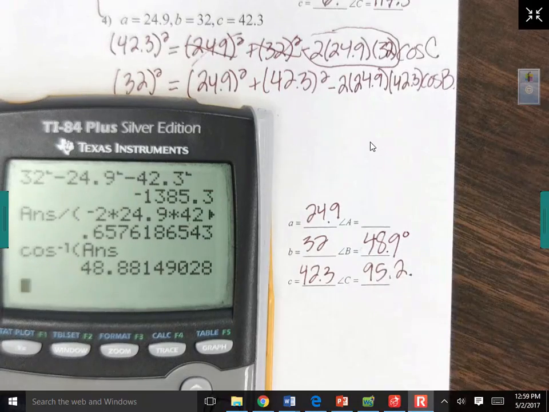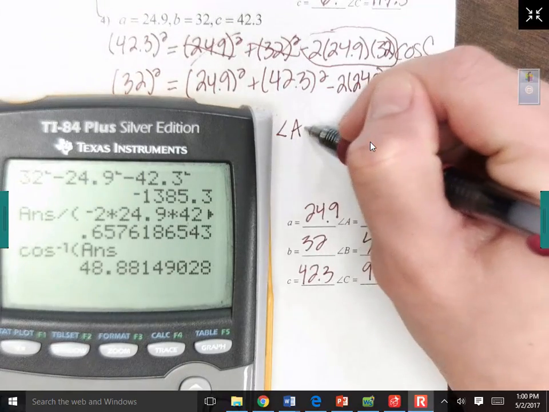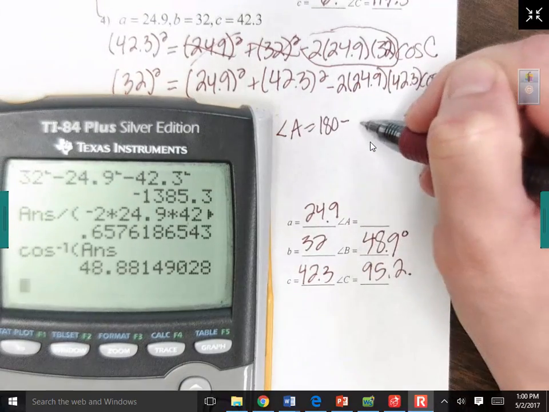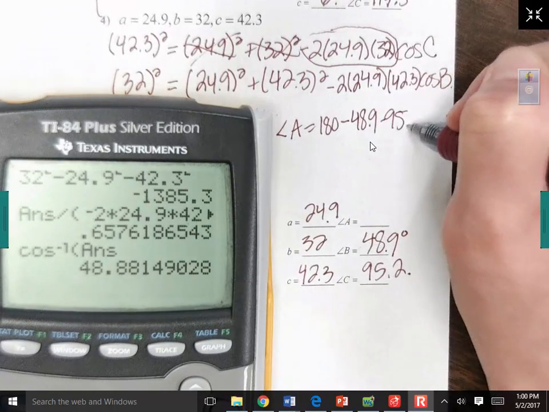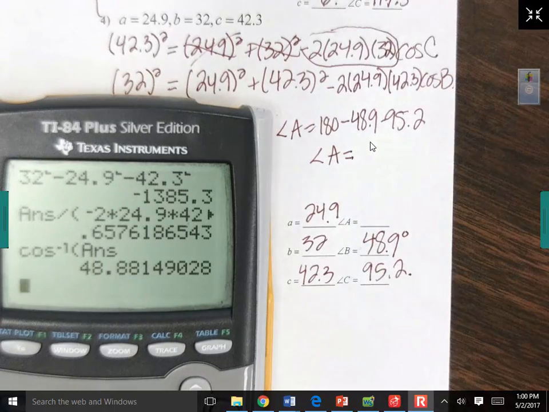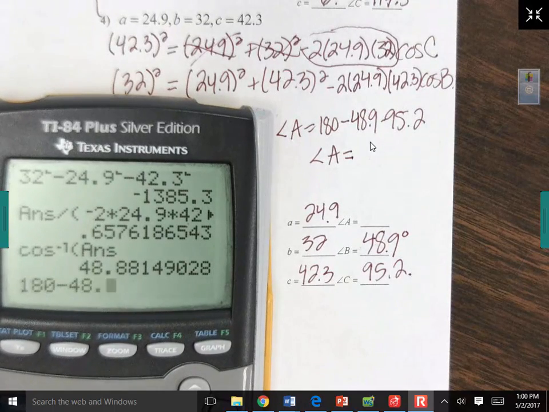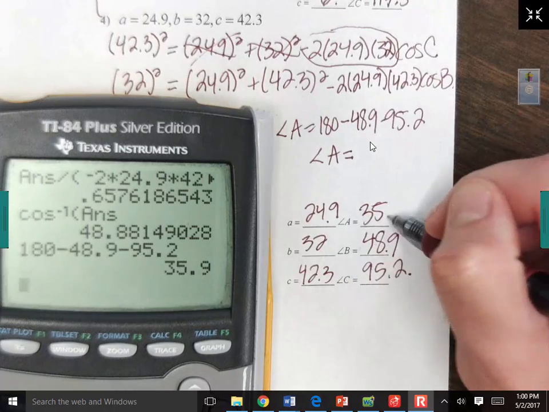And what does that leave us for angle A? Remember, angle A is equal to 180 minus 48.9 minus 95.2. And what does that equal for angle A? 35.9 degrees.